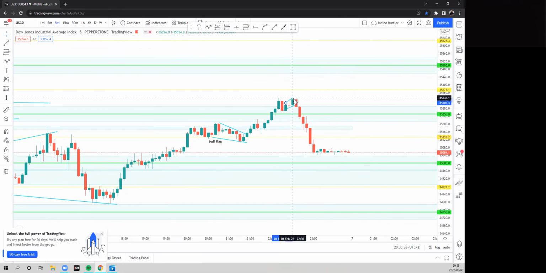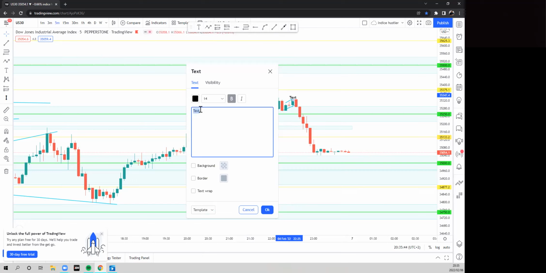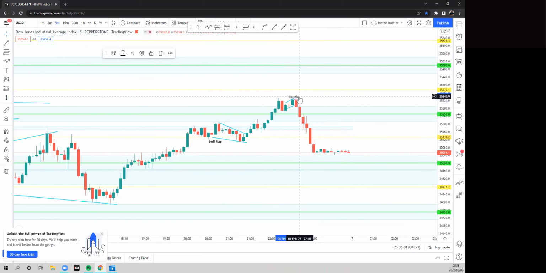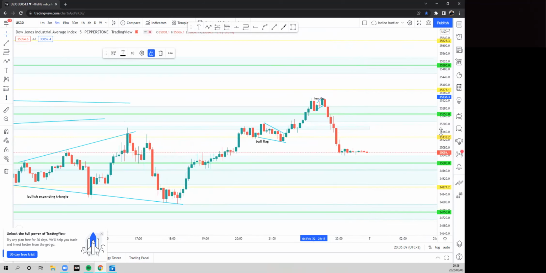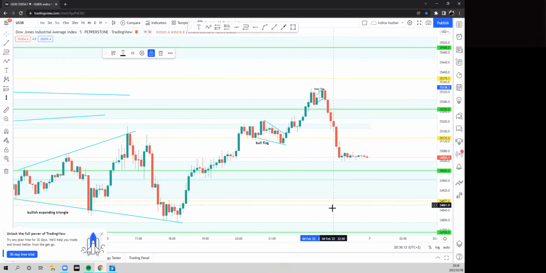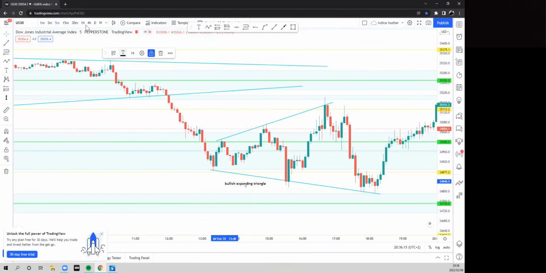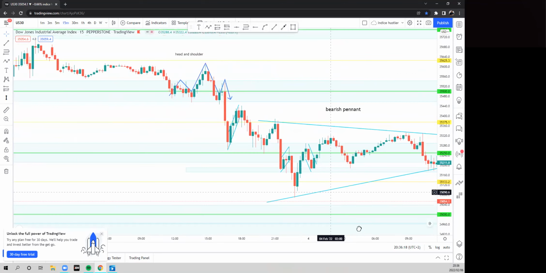Just add this in here. So now when I look at my chart and I see all these up and downs, I can actually identify why I had all these up and downs.